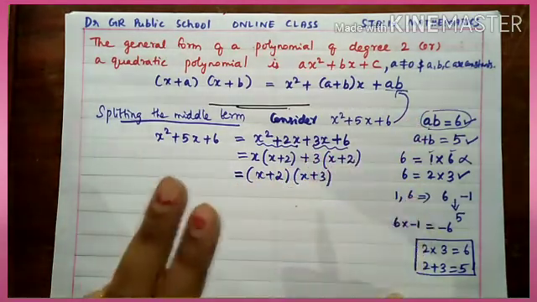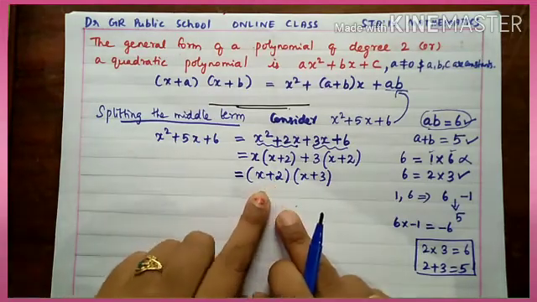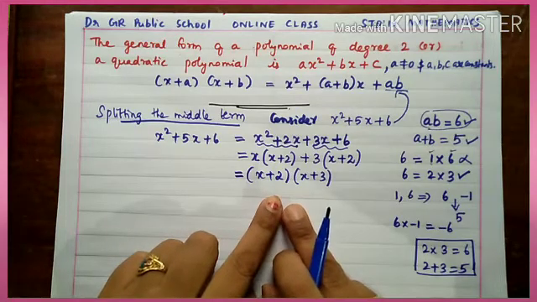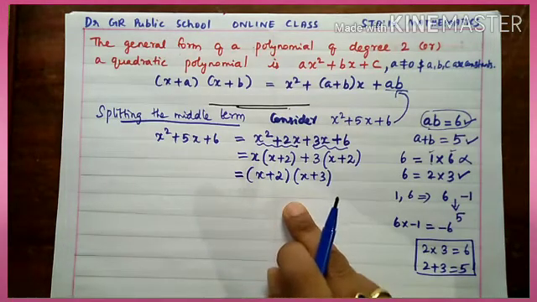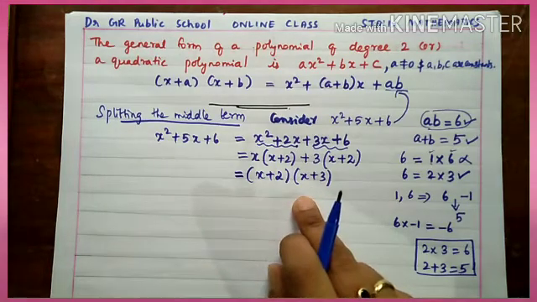That is very important: how to find the suitable two numbers and find a factorization of the given polynomial. Okay, now we are going to do some more examples on this splitting the middle term.